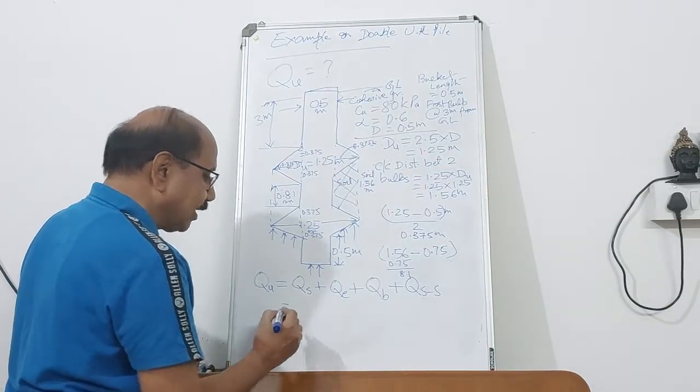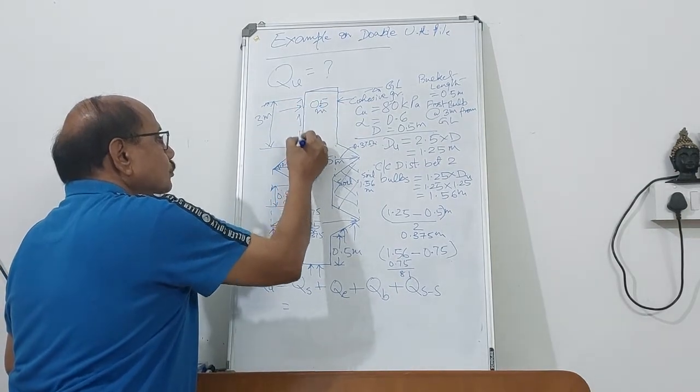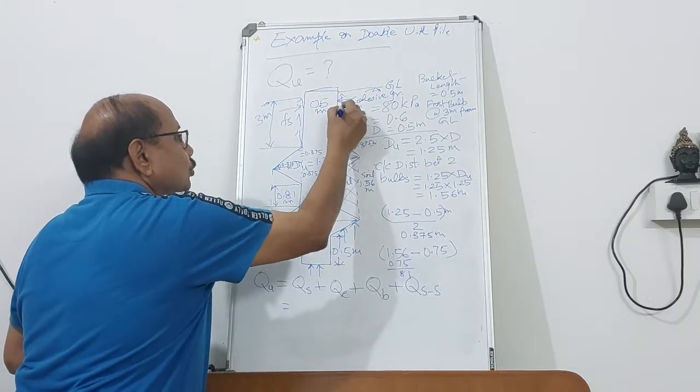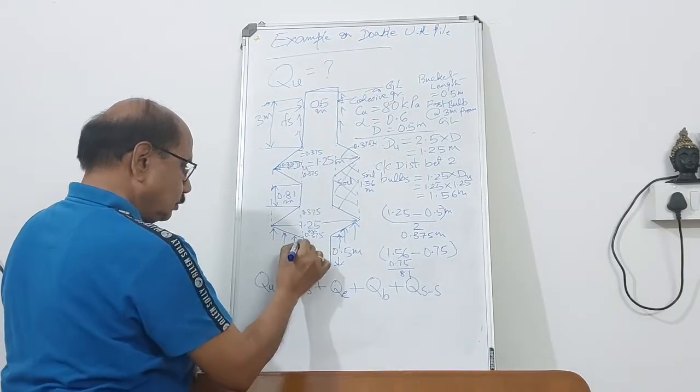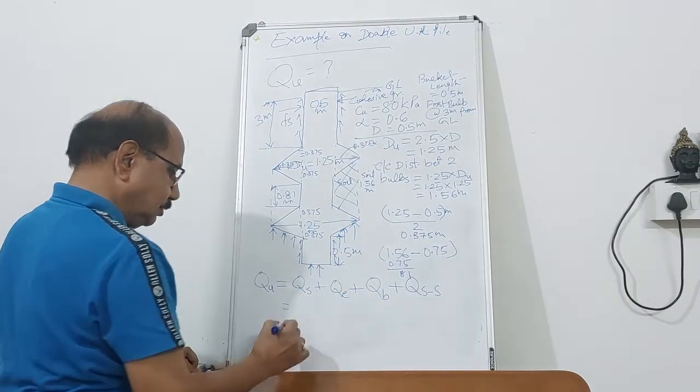Each component can be computed. The skin friction, Fs, that is going to get developed on the shaft.